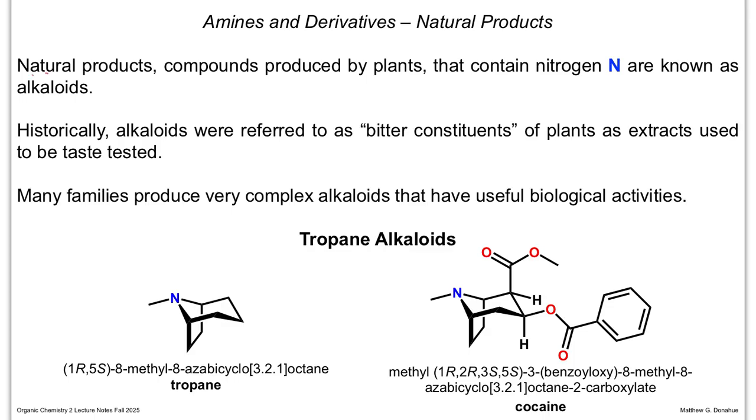Whatever those molecules are, they're just given this general name, natural products. Molecules that contain nitrogen are further classified as alkaloids. And in the classical literature from 100 years ago or whatever, a lot of these papers would start off with bitter constituents of whatever plant someone was interested in.